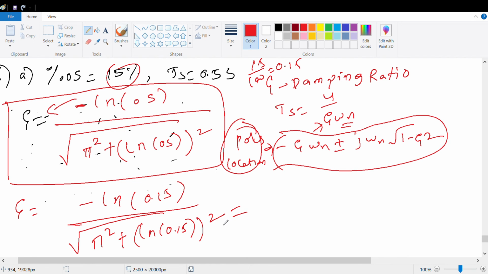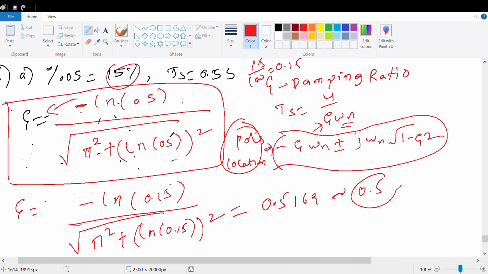How much do we get for zeta here? You get zeta is 0.1516 and something. It's about 0.5. Keep it 0.5.